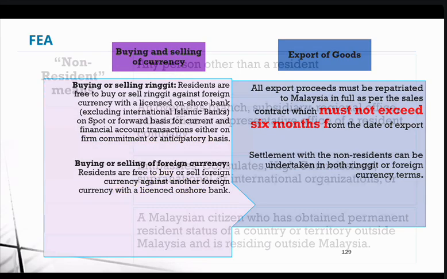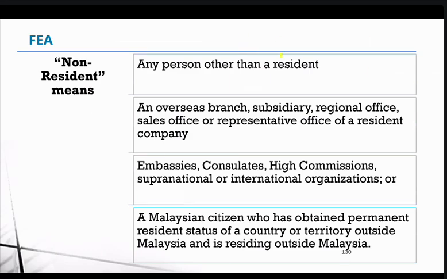Then here will be the questions that they'll ask for non-resident. Let me see if you can identify whether this is resident or non-resident. Let's say, for example, British consulate. Resident or non-resident? Based on the slide. Give me your answer in the group chat.